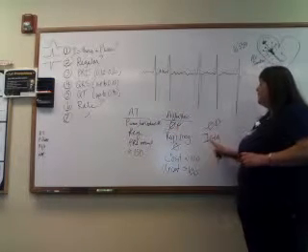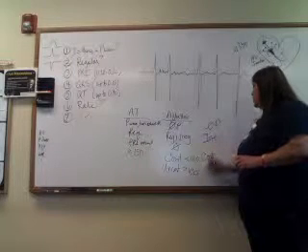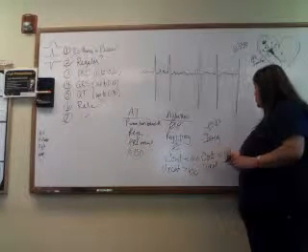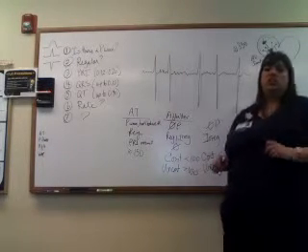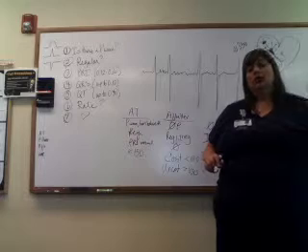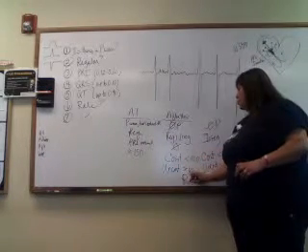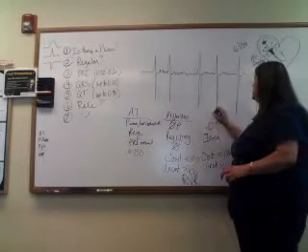The same thing is true for controlled and uncontrolled: less than 100, greater than 100. You may have heard the terminology RVR, rapid ventricular response. That's these uncontrolled, okay? Rapid ventricular response would be greater than 100 in either of these two.